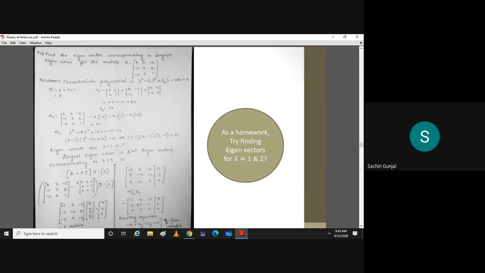So lambda cube minus 8 lambda square, and the sum of minors of diagonal entries, that means minor of 4 plus minor of 3 plus minor of 1, is coming 17 and the determinant is 10. So lambda cube minus 8 lambda square plus 17 lambda minus 10 equal to 0.